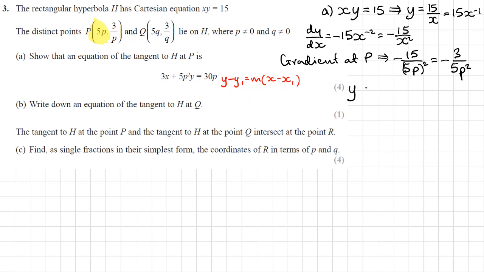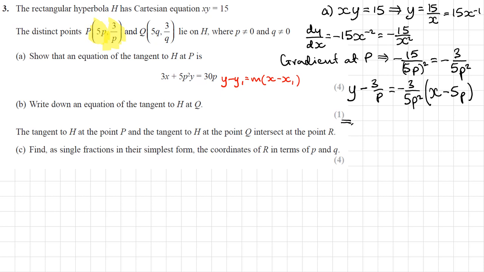So now I'm using the whole of this coordinate. My y1 is 3 over p, so y minus 3 over p is equal to m, that's my negative 3 over 5p squared, times x minus x1, which is 5p.